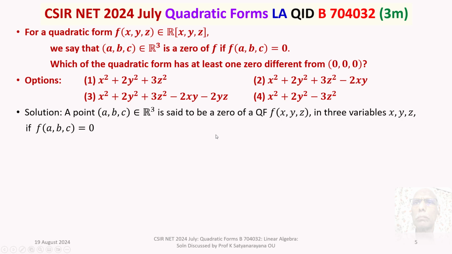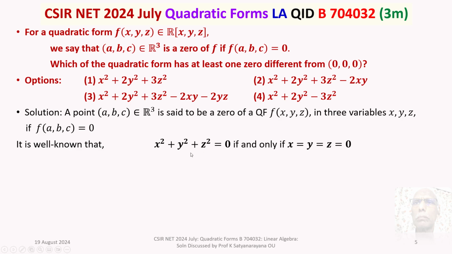And it is well known that x square plus y square plus z square is equal to 0, a sum of squares is equal to 0, if and only if each is 0. That is, x is equal to y is equal to z is equal to 0. Right. This is a very well known fact. This we will be using in this.